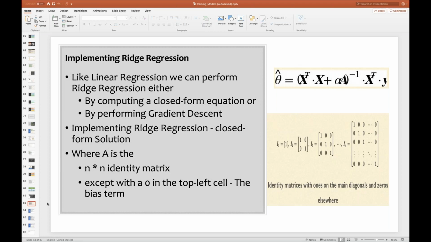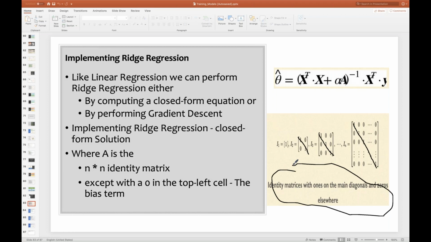One thing I want you to observe carefully is 1, zeros everywhere; 1, zeros everywhere. This is called an identity matrix, with ones on the main diagonal and zeros everywhere.